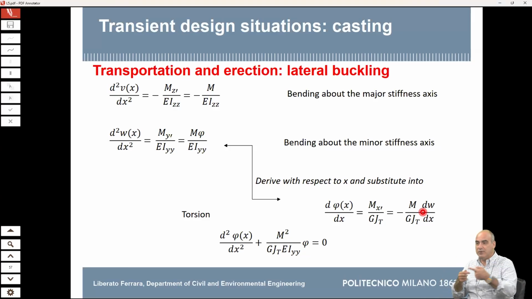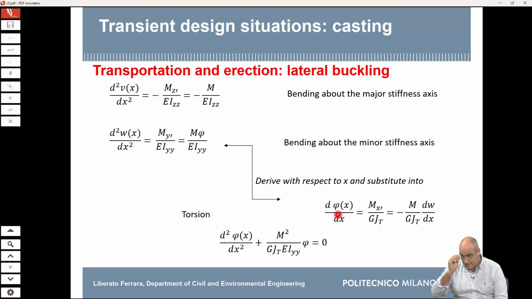And this you see because the two equations have terms in common. But what we can do, you see, in the third equation, what do we have? We have the first derivative of phi, and we have the first derivative of w. In this equation here, we have the second derivative of w.